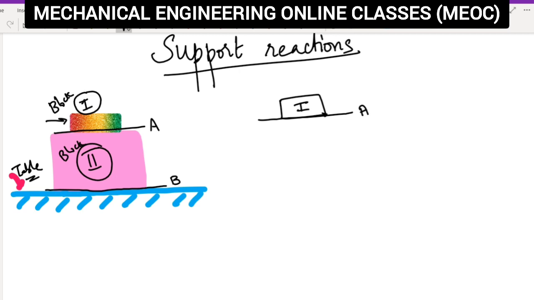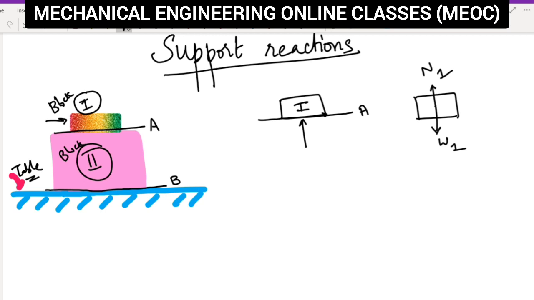So this surface is A. Now here, if I want to draw the FBD of this block 1, if its weight is known, we will put it as W1, and there is a normal reaction from block 2 onto this block 1 which will be acting towards 1, because it is because of that the block 1 is not able to penetrate or go into block 2. So this normal reaction from 2 to 1 we say N1.